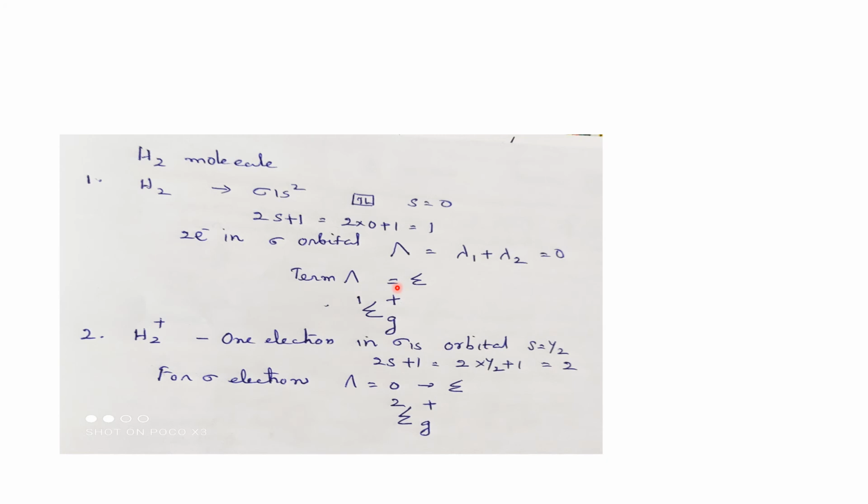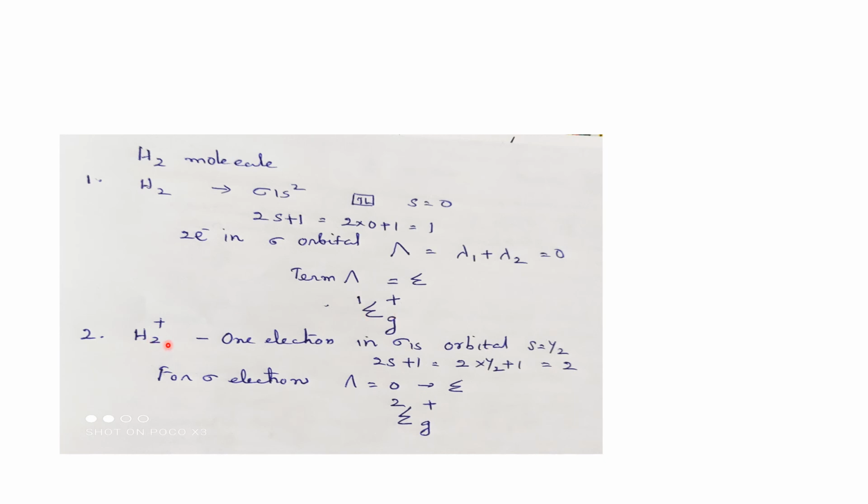When the last electron enters sigma or sigma star orbital, the symmetry is positive. Therefore, the term is sigma, that is the value of lambda equal to 0. Therefore, the term is sigma and the term symbol is 1 sigma g positive.